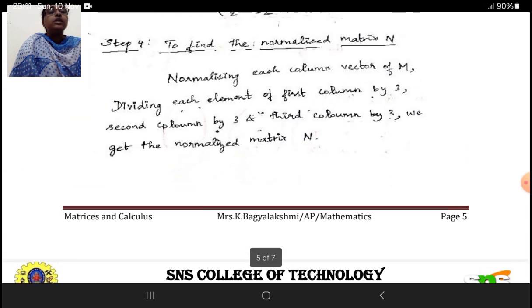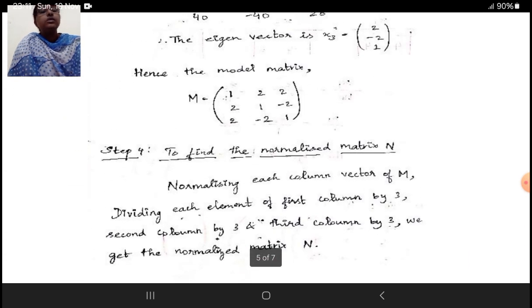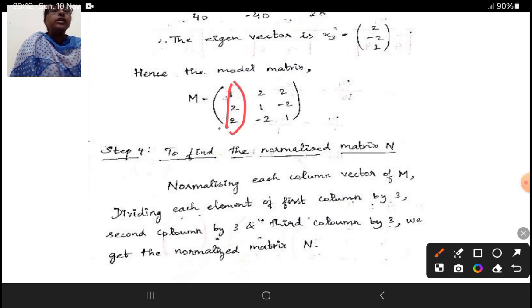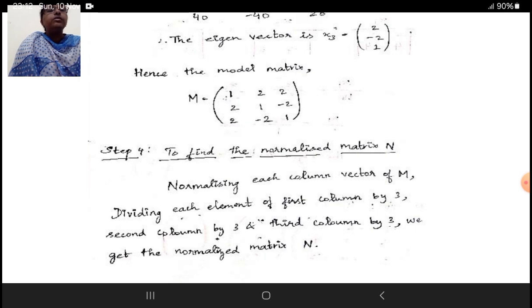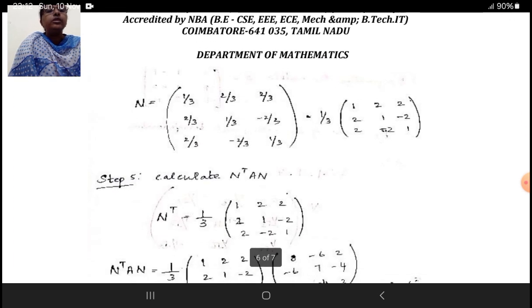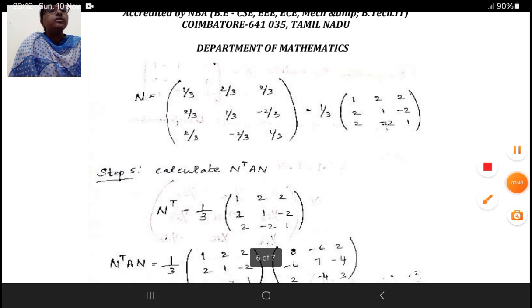Here we use the square root of 1 squared plus 2 squared plus 2 squared, which gives 3. This value we write in the denominator, and we got the normalized matrix.